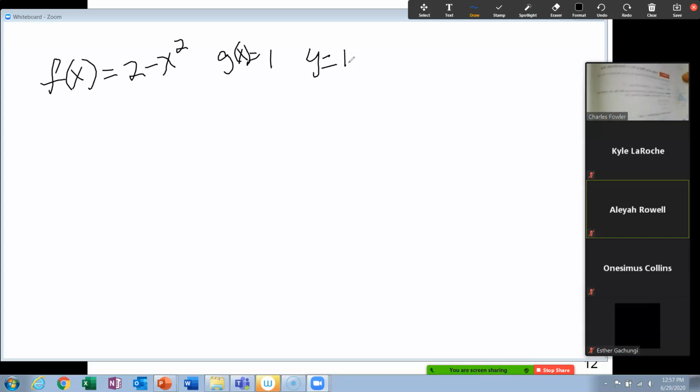Here's example 2. Now, this is a parabola, 2 minus x squared, symmetric about the y-axis. And that's what we're revolving, only we're revolving around the line y equal to 1. Where is y equal to 1? That's that line there.